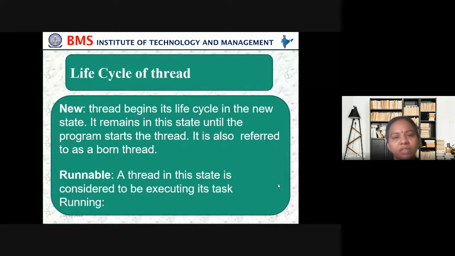The life cycle of a thread: a new thread begins its life cycle in a new state. It remains in this state until the program starts the thread. It is also referred to as a born thread. Runnable: a thread in this state is considered to be executing its task or running.